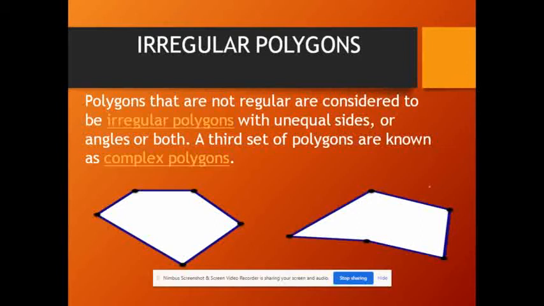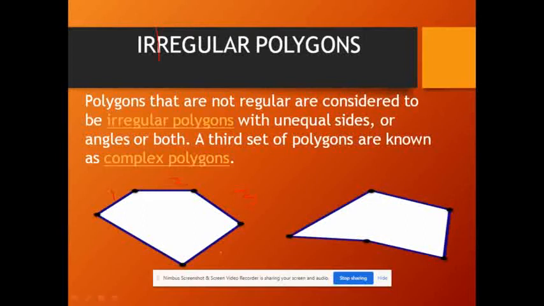We know there is an opposite, like regular becomes irregular. Polygons that are not regular are considered to be irregular polygons, with unequal sides or angles or both. A third set of polygons are known as complex polygons. See, if we see this picture, automatically we come to know this is not equal in all the sides.